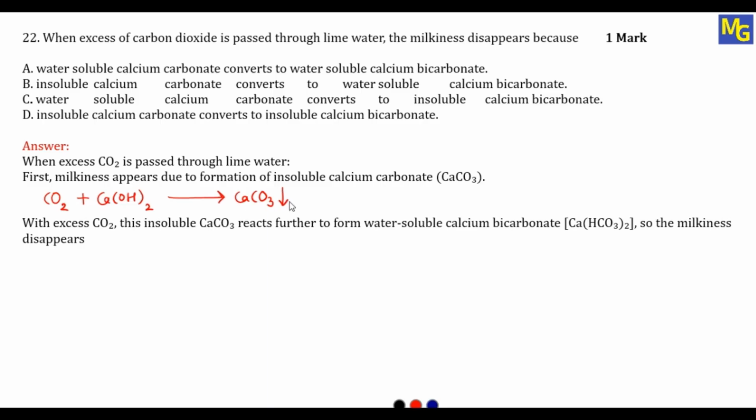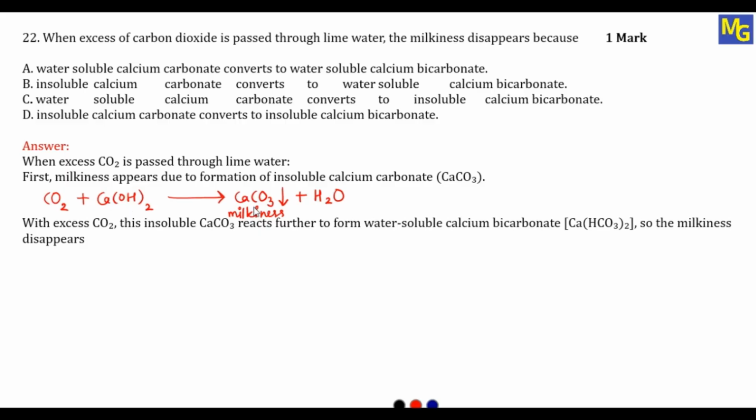So this downward arrow shows it is insoluble, and with this it will form water, that is H2O. Whatever this calcium carbonate forms will give milkiness to the lime water. So this is the first reaction that takes place when CO2 is passed to lime water. This CO2 is a little bit, it is not excess.